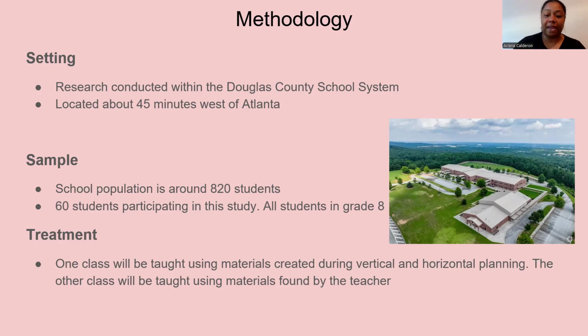That way I was able to compare and contrast the test data to see: does vertical and horizontal planning have the actual benefits that my principal thinks, or is it better to find resources and materials that are geared to the students in your class?